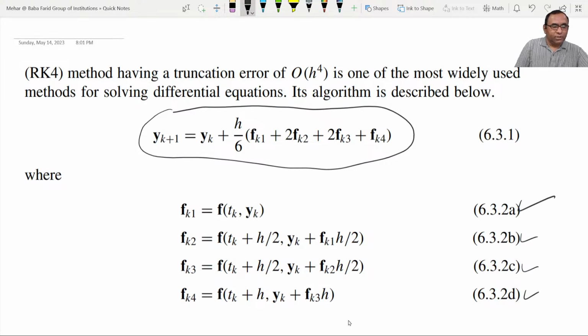Along with that, we will discuss a particular example: how we can write MATLAB code to compute this when we are given a differential equation.